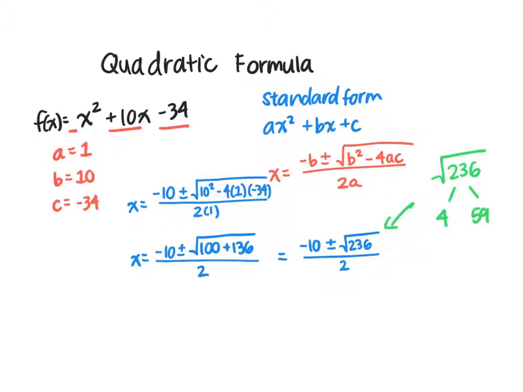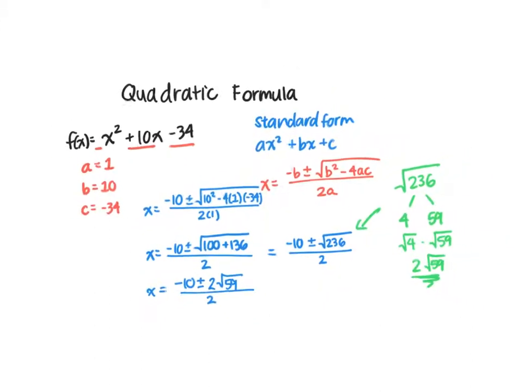Since we know the square root of 4 is 2, we can rewrite this. So radical 236 simplifies to 2 radical 59. So we can rewrite our equation, x equals negative 10 plus or minus 2 radical 59 over 2.